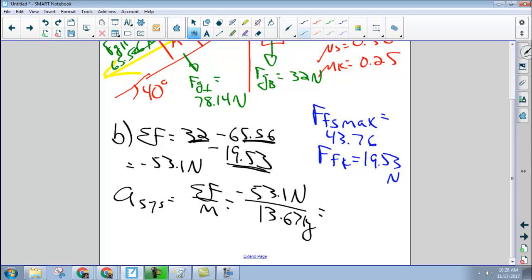So divide that out, and you get an acceleration of negative 3.88 i meters per second squared, right? And the i just means along our negative x-axis. All right, are we all good up to this?